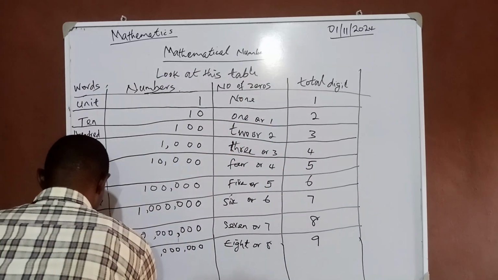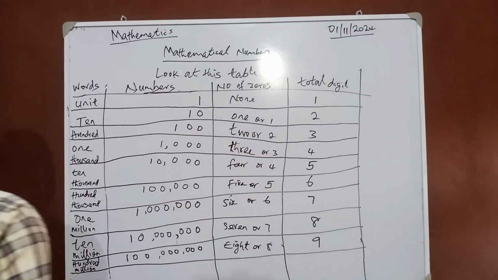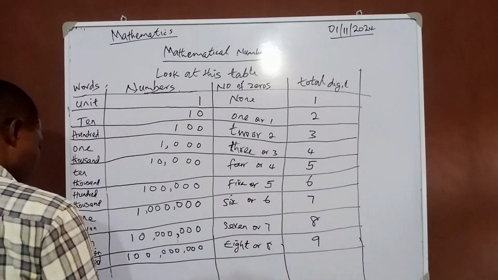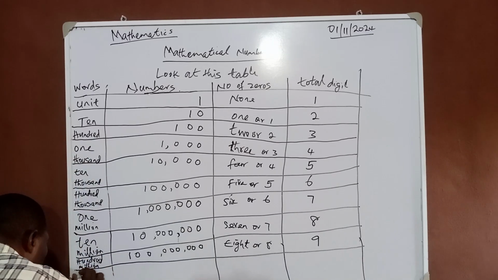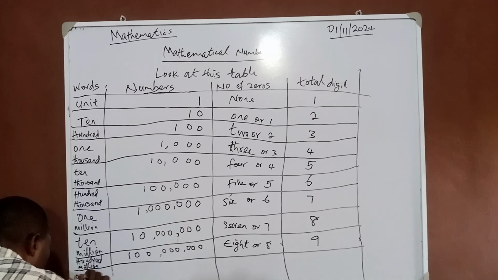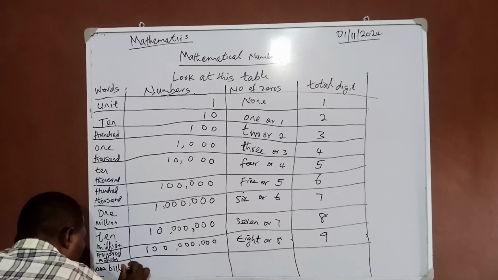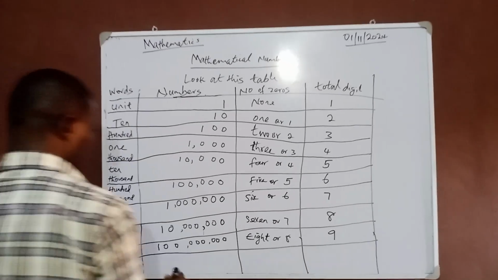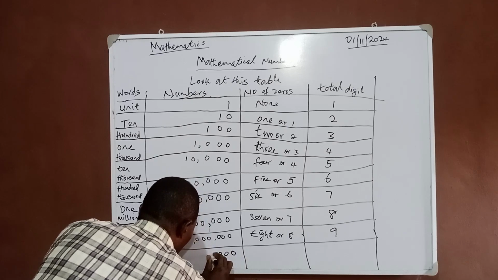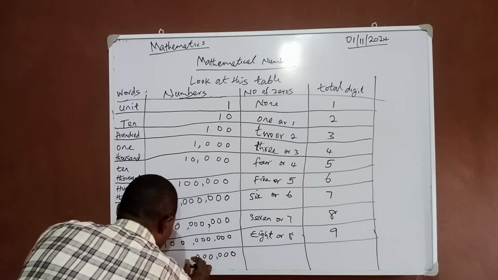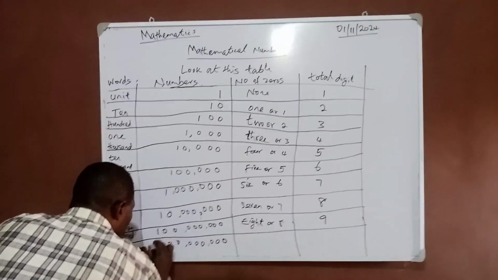After 100 million, what is the next amount you are going to have? As you add one more zero, you have 1 billion. This is 1 billion. How do you write it? Write 1, 2, 3, comma, 1, 2, 3, comma, 1, 2, 3, comma, 1.